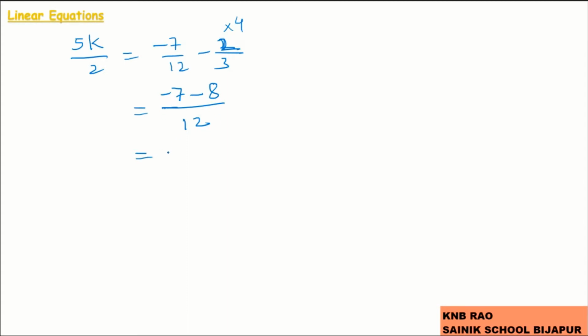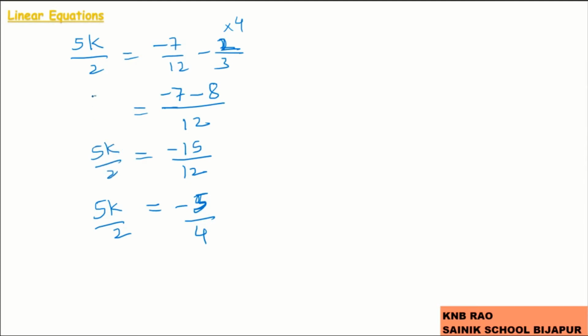So minus 7 minus 8 is minus 15 by 12. On simplification of this further, minus 5 by 4. So 3 5s are 15, 3 4s are 12. On cancellation we got minus 5 by 4. And in the left hand side this 5k by 2 remains as it is.